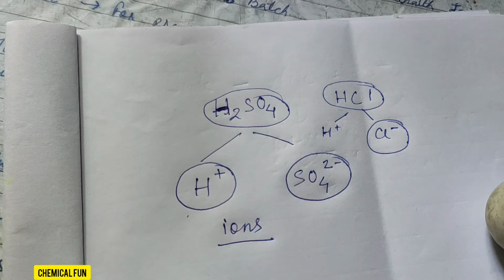So you need some salts or minerals dissolved in the water. Once you add acid to water, it dissociates to give H positive and the respective anion. So this lets water conduct electricity.